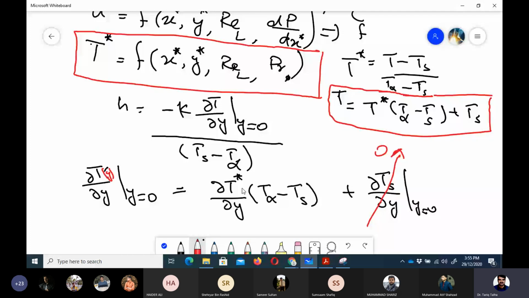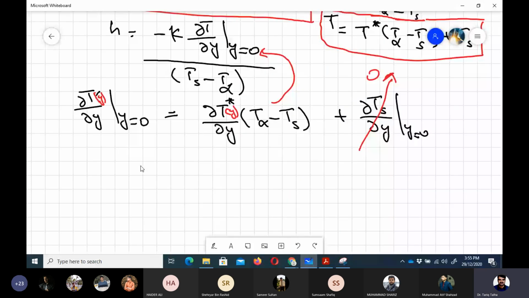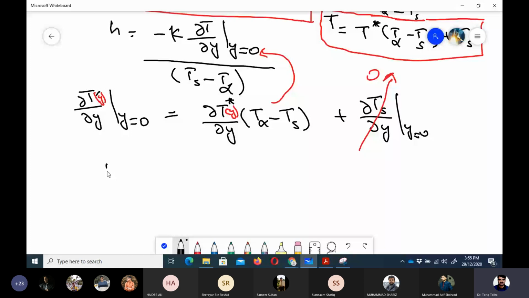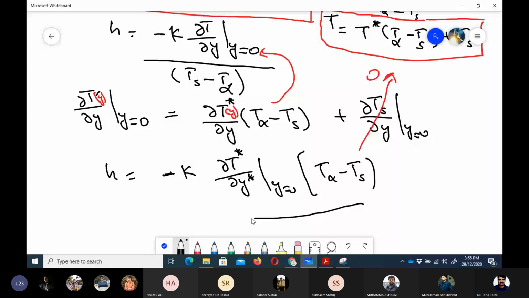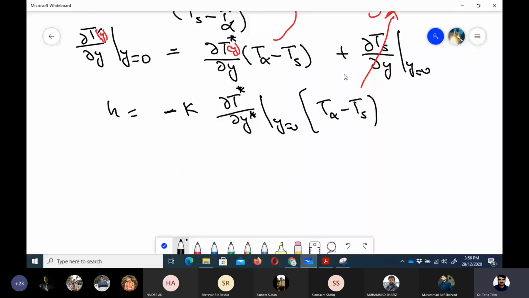So if I put this value here, what I would get, h is equal to minus k into partial T star upon partial y star at y equal to 0 into T infinity minus Ts, divided by Ts minus T infinity.